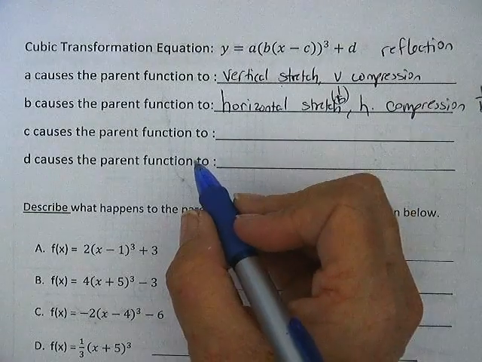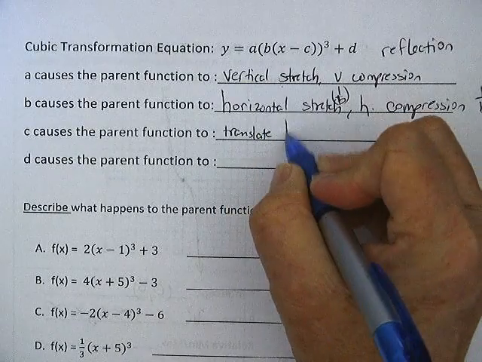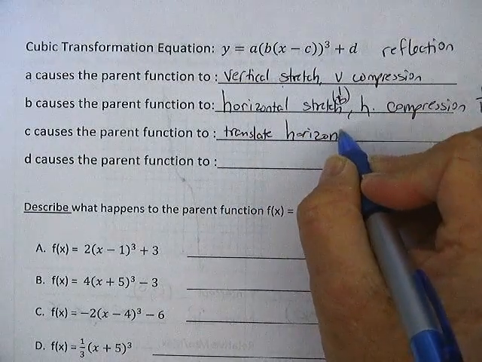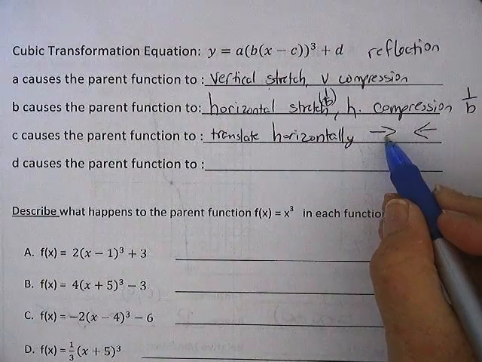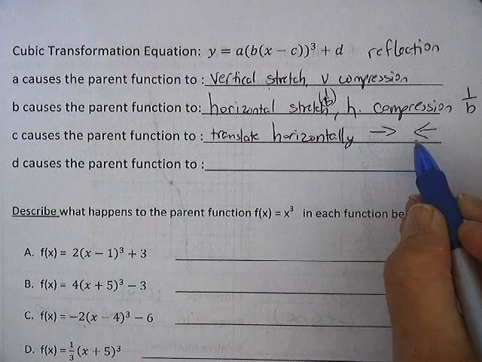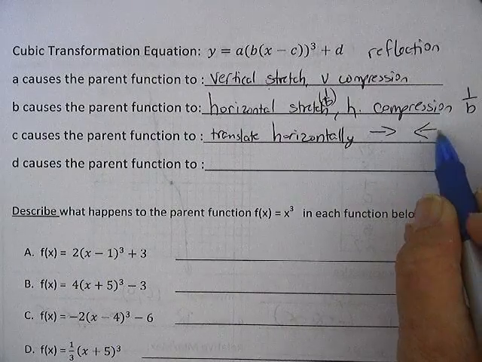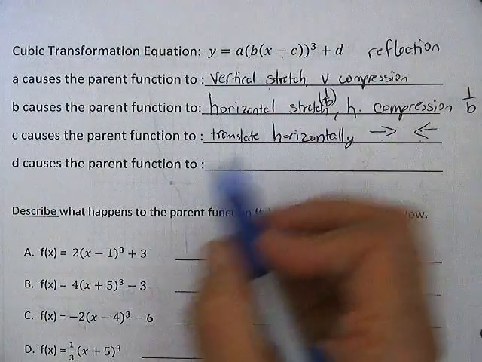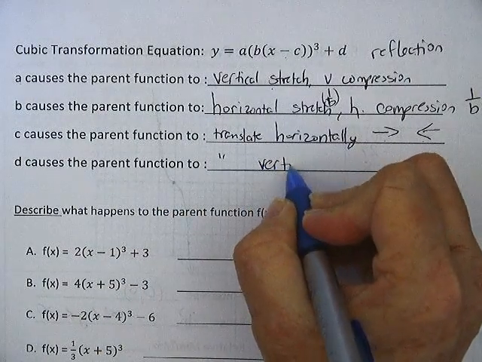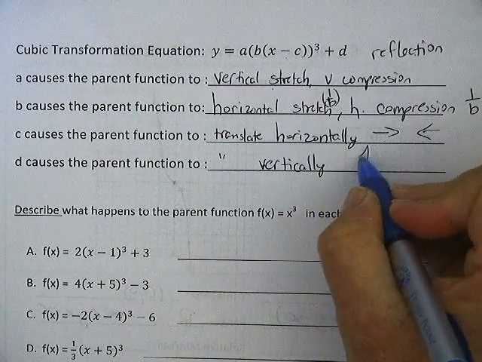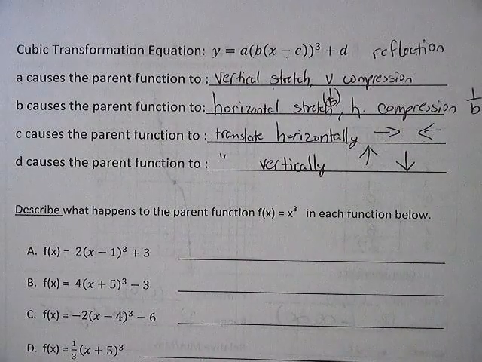C causes the parent function to translate horizontally, so we either go to the right or to the left. We go to the right if the c value is positive, and to the left if the c value is negative. Of course, it will look the opposite in the equation because we have a minus sign in there. D causes us to translate vertically: up if d is positive, downwards if d is negative.